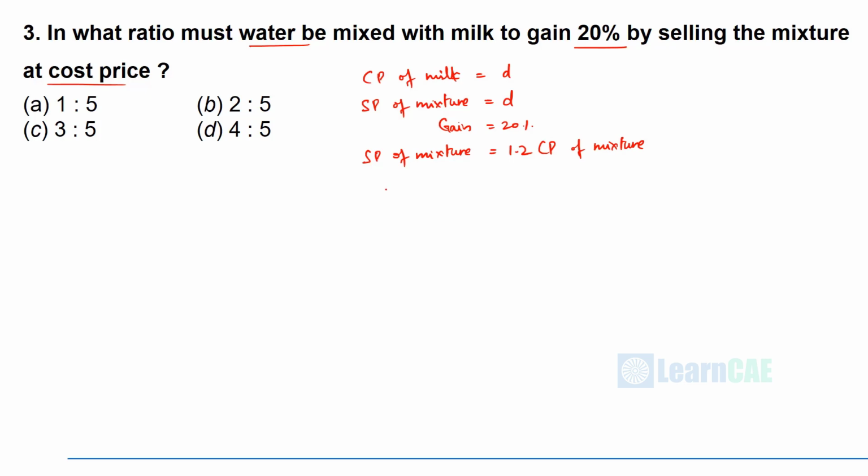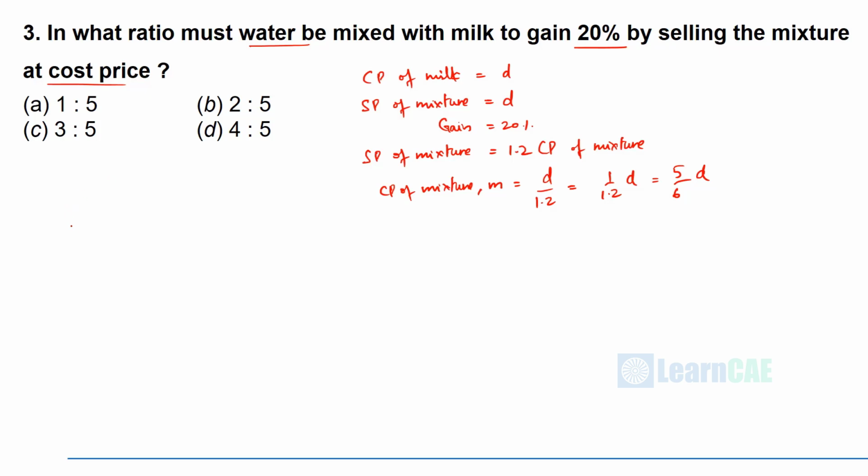Now we can find out the cost price of mixture, that is equal to M, which is nothing but selling price of mixture by 1.2, that is equal to D by 1.2. This is equal to 1 by 1.2 D, or this can be written as 10 by 12 or 5 by 6 D. Okay. Now let us draw the diagram.